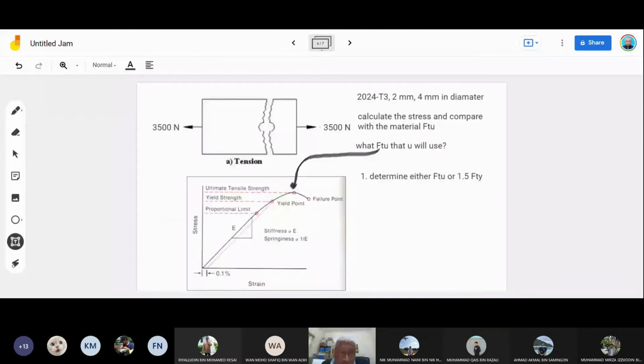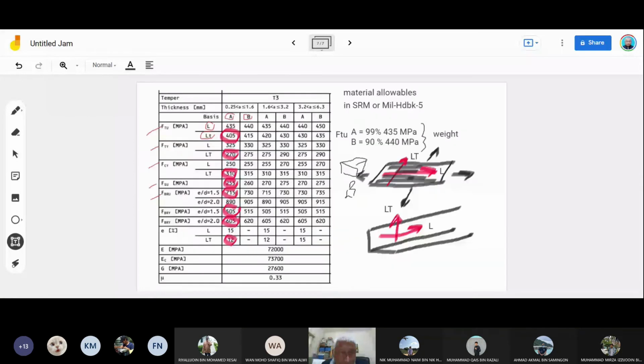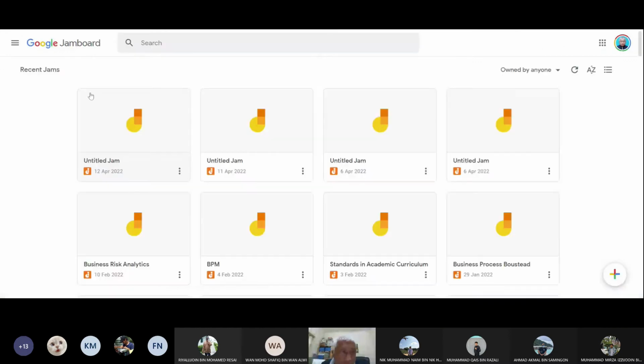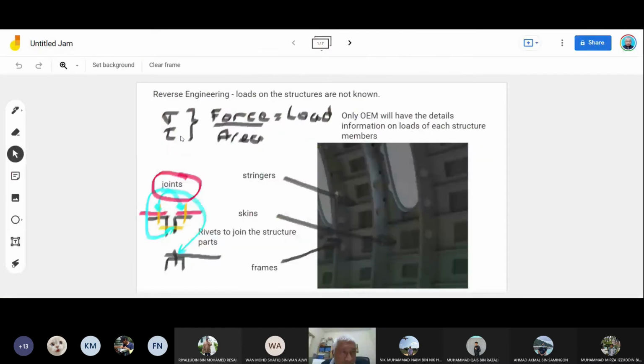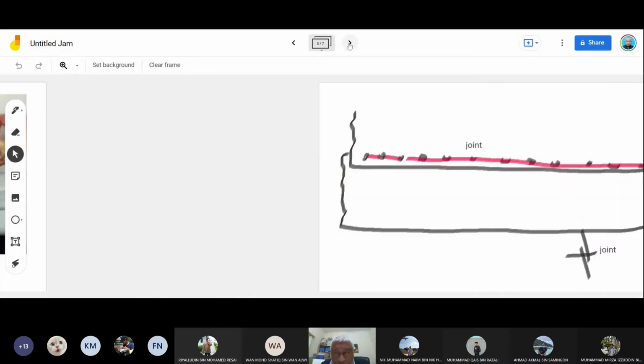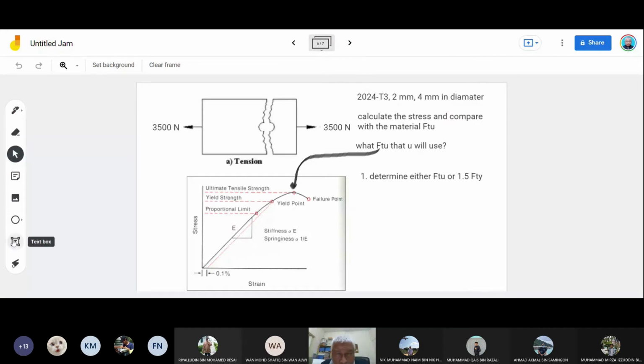If you go back to the chart, if you're talking about 2 mm thickness here is L, and we consider LT, the FTU is 405 megapascal, or FTY 270, 1.5 times FTY 270 megapascal.